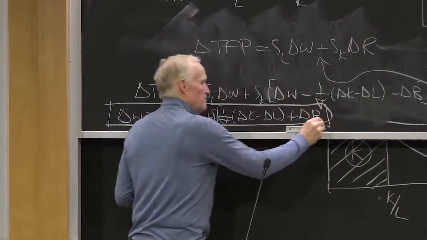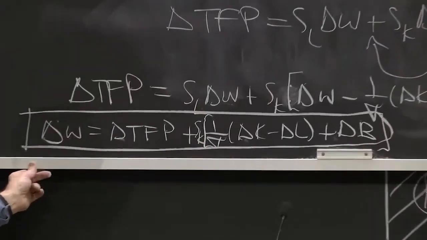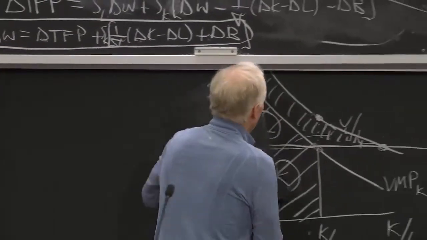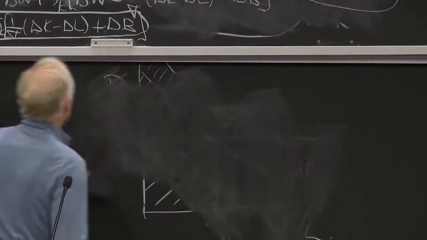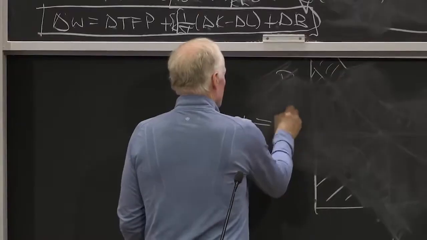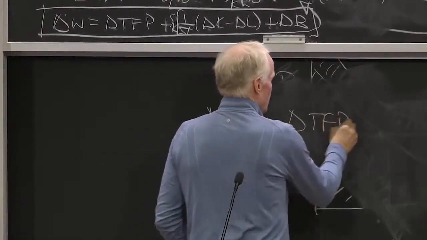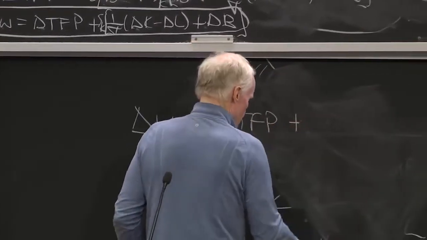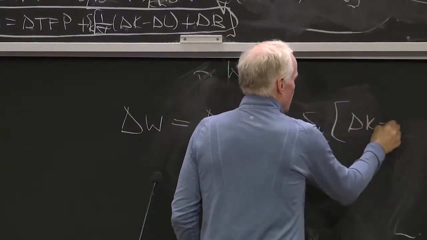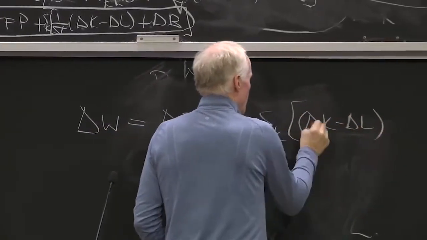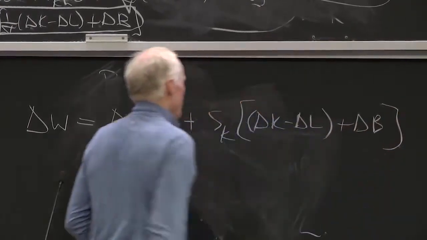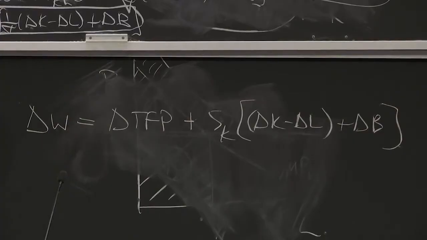That's our capital deepening. Let me rewrite that. Just like the capital deepening formula we had last time, delta W equals delta TFP plus S_K delta K minus delta L plus delta B. All right.